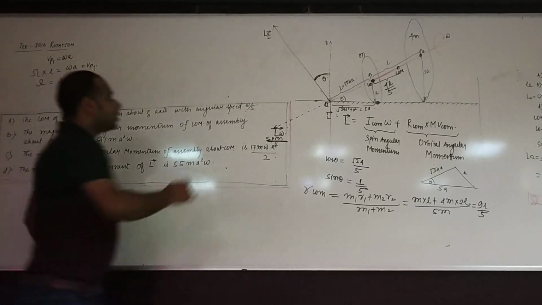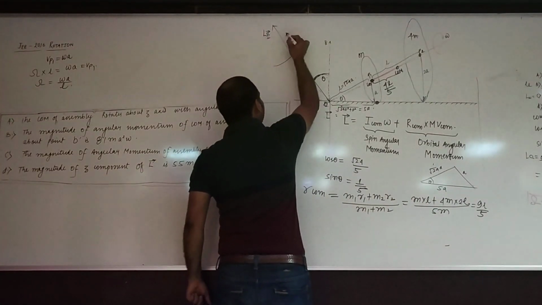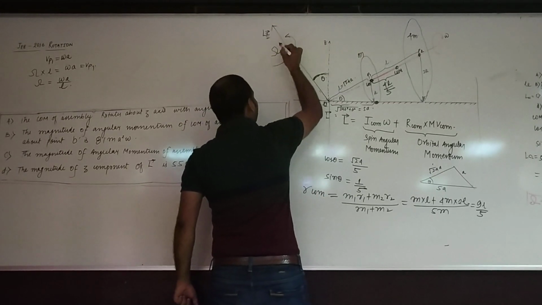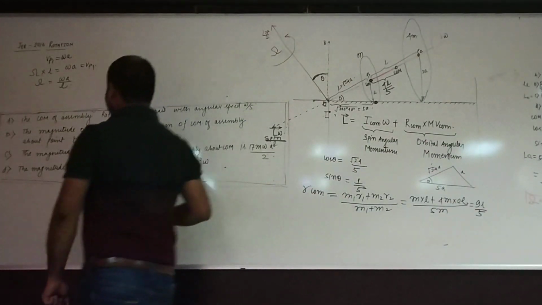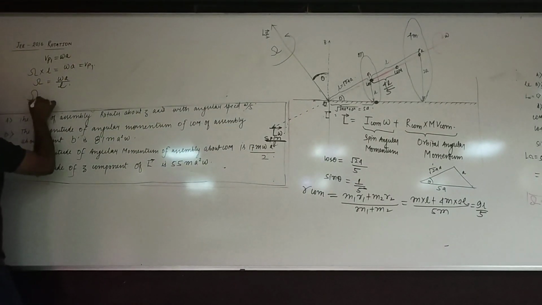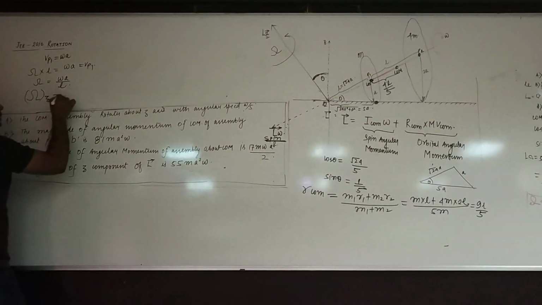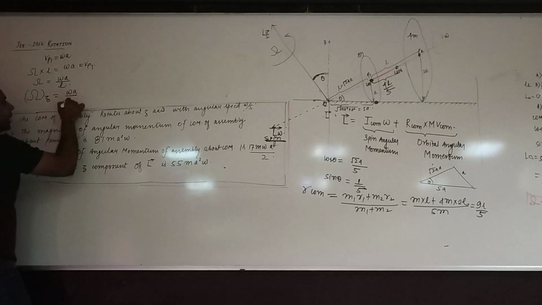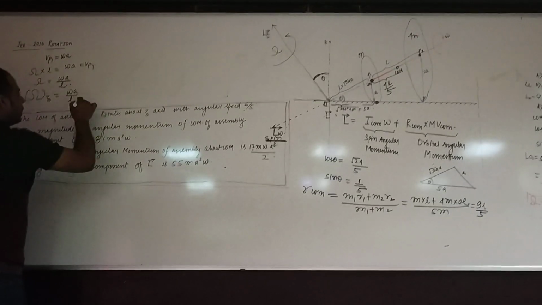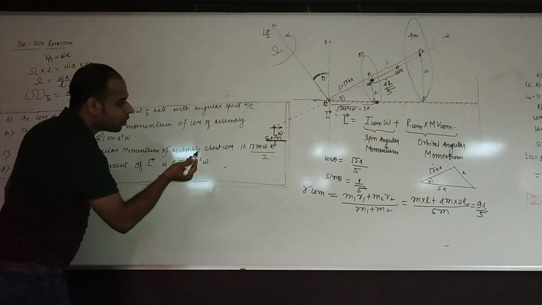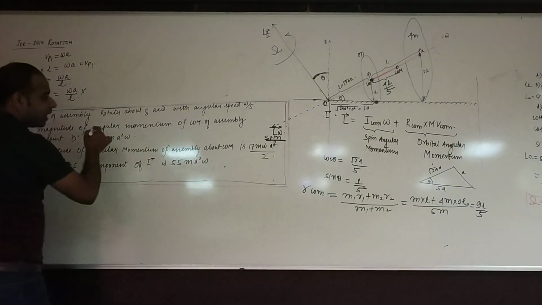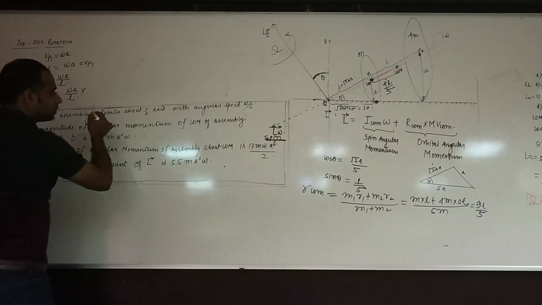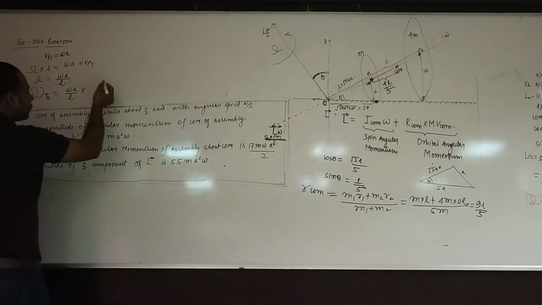But this is the angular velocity omega about this axis. We have to take the component of this along the z axis. So the component of this omega along the z axis will be equal to omega A by L into cos theta, and we have the value of cos theta.